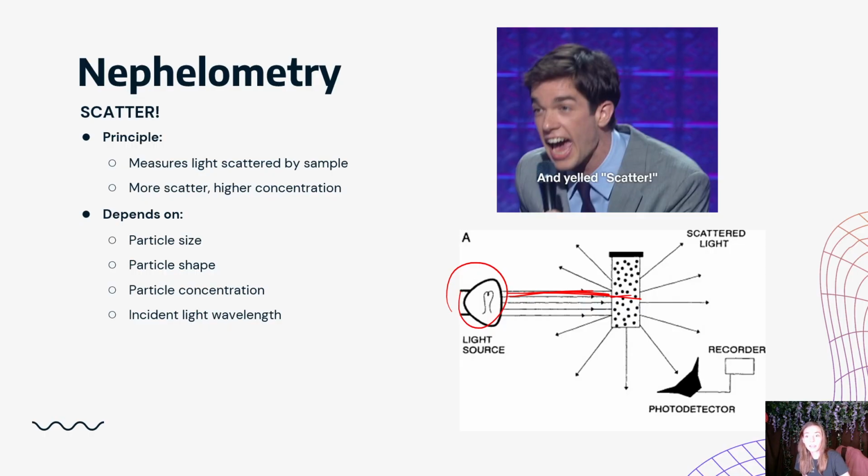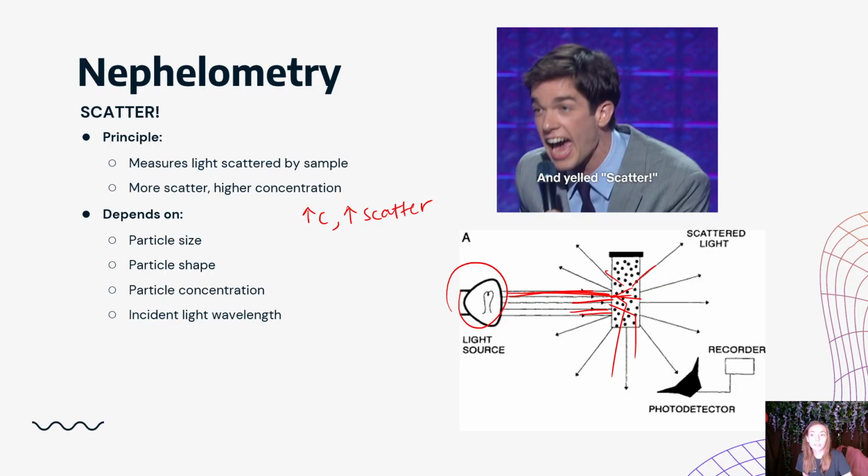The light goes in and it hits an analyte, and it goes in and it bounces off an analyte, and it goes in and it bounces off. The more particles that you have present in your solution, the more chances that you have for light to hit one of them and get bounced off in a different direction. Which means the higher your concentration, the higher your scatter.